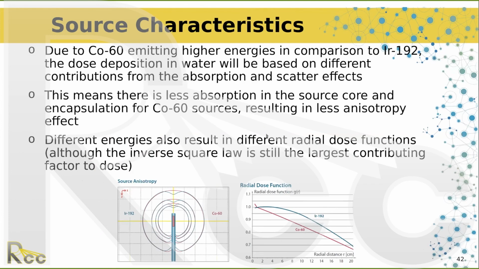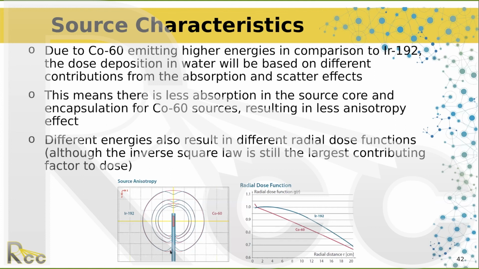With cobalt-60, it's a little different because cobalt-60 emits higher energies in comparison to iridium-192. There are different contributions from absorption and scatter effects. One of the cool things about cobalt-60 is that because it's higher energy, the source encapsulation effects don't matter so much. Whereas you have that butterfly with iridium, it's closer to an apple with cobalt-60.